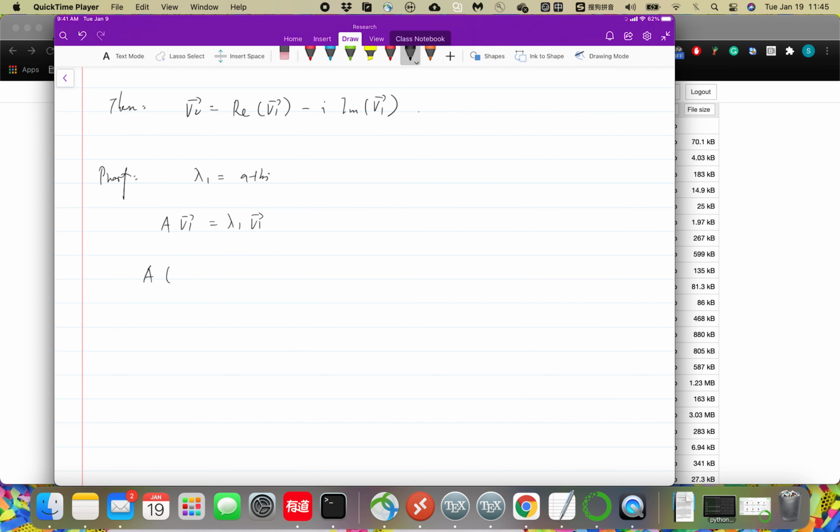Then what you're trying to say is A times (real v1 plus i imaginary v1) equals (a plus bi) times (real v1 plus i imaginary v1).